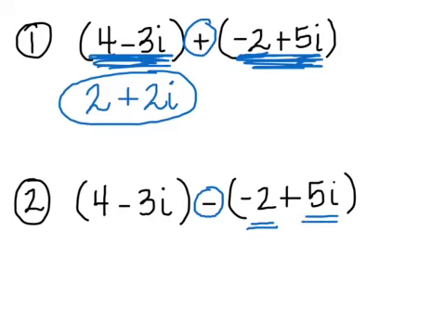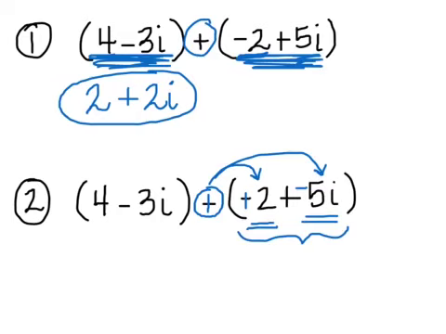Anytime you see a subtraction, you can change it to adding as long as you change everything it applies to the opposite of what it was before. So we're going to change this to a positive 2 and this to a negative 5i. So subtracting this expression means adding the opposite of everything in that expression.